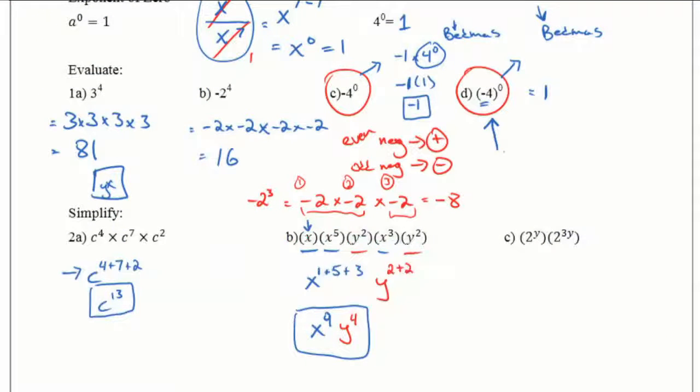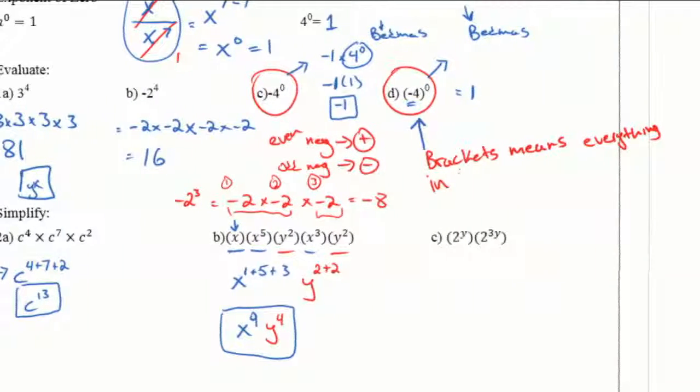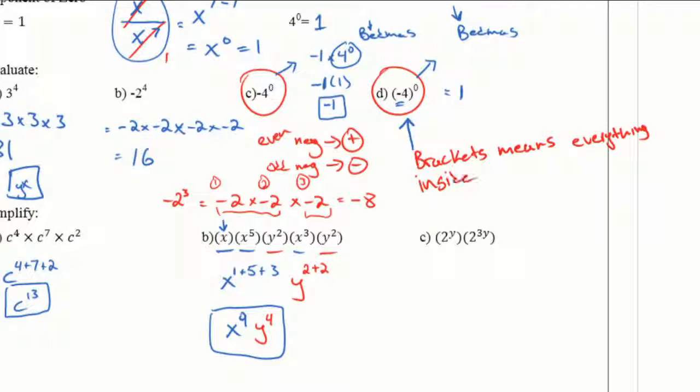Because this one has brackets, we go, brackets means everything inside is to the power of 0.